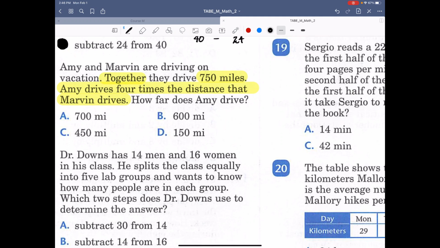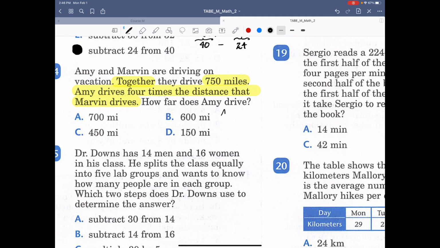Well, I know that together, Amy and Marvin together drive 750 miles. Who drives the least? Marvin. So I'm going to let that be the letter M. Amy drives 4 times as much as Marvin.